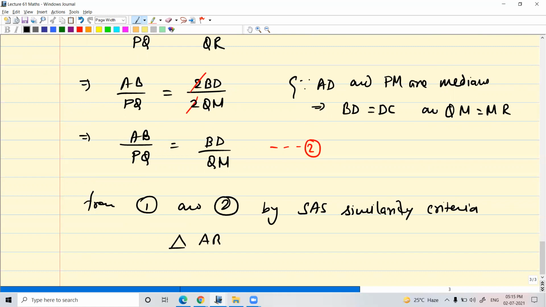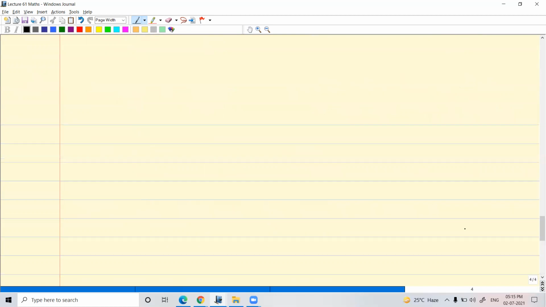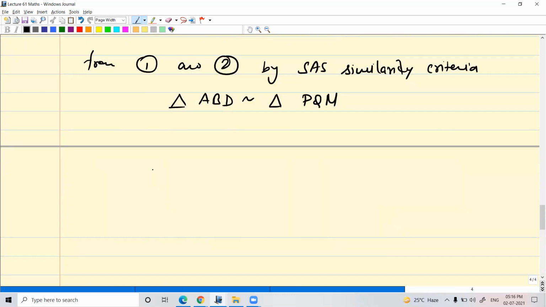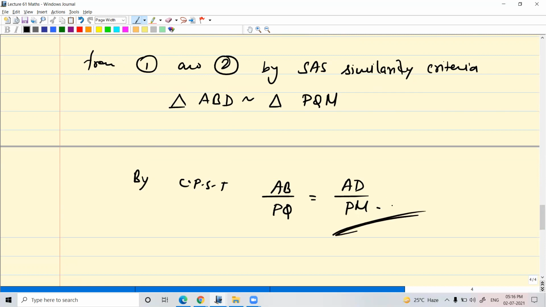Triangle ABD is similar to triangle PQM. And once that is proved, we can just write it by CPST. AB by PQ will be equal to AD by PM. Okay, everyone okay with this?